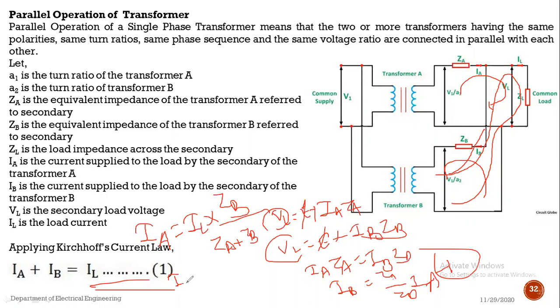Similarly load shared by B transformer IB is equal to total current IL into opposite impedance of the transformer ZA divided by ZA plus ZB. So this is the simple derivation, that is calculation of load shared by each transformer. We can calculate easily load shared by each transformer.